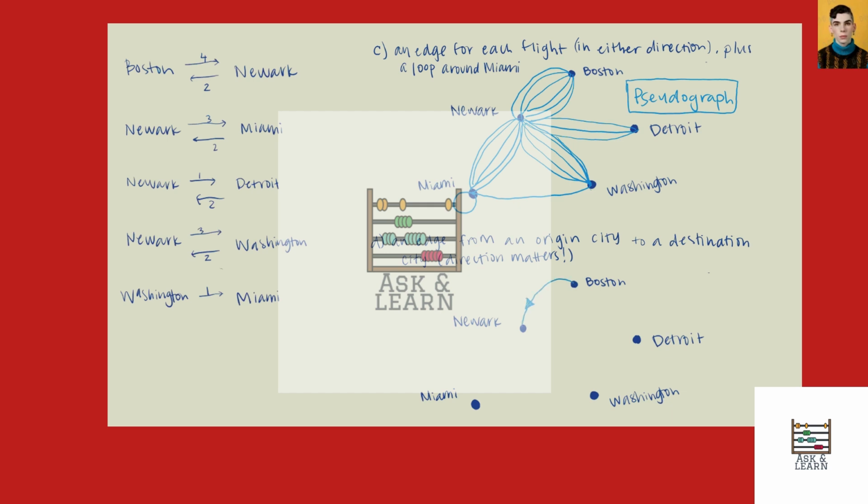And we put these arrows in to show the direction. And then there's flights from Newark to Boston, and of course arrows in the opposite direction this time. Same thing, Newark and Miami, they have flights in either direction.